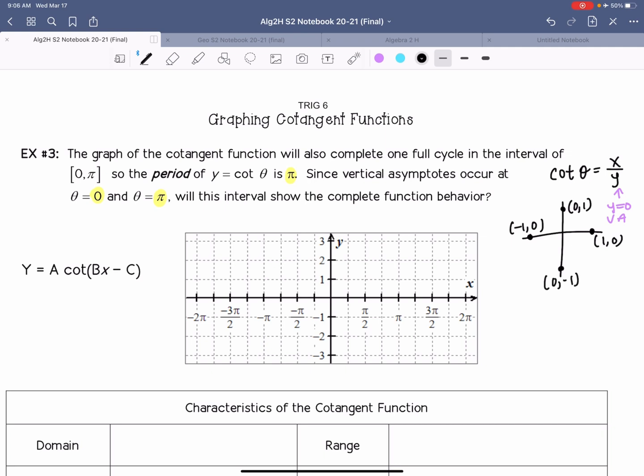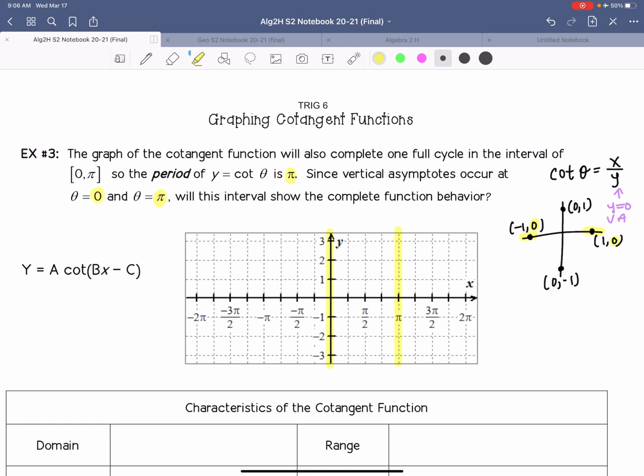So again, I'm looking for when y is 0 now. So y is 0 here and here. So that means my asymptotes are here and here. On the unit circle, that's at 0 and pi. So that's why my asymptotes are at 0 and pi.